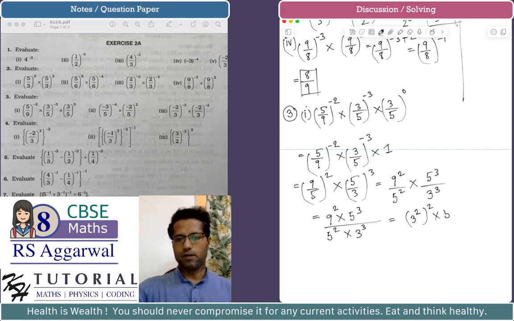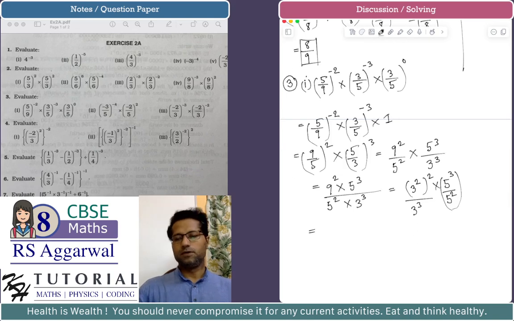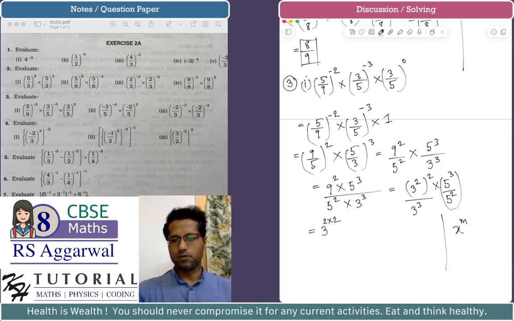Now you need to combine the exponential terms with the same base. So I will combine 5 raised to the power 3 with 5 square, and I have 3 cube. Now this is equal to (3 square) whole raised to the power 2, which is 3 to the power 2 into 2. So I applied the law of exponents: x to the power m whole raised to the power n is equal to x to the power m into n.